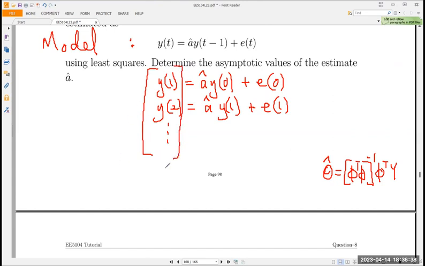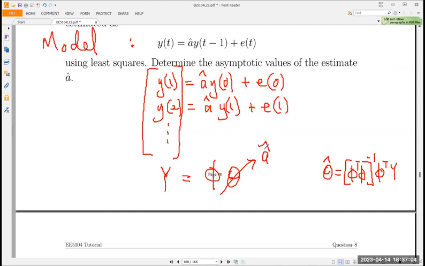Then y equals phi theta, and theta is always the unknown. So the unknown here is a hat.